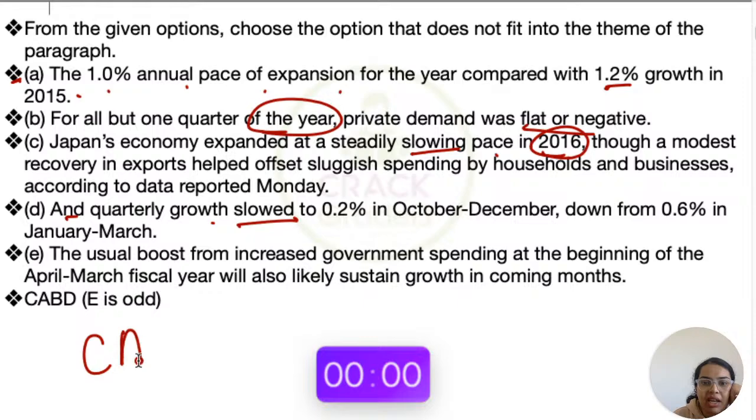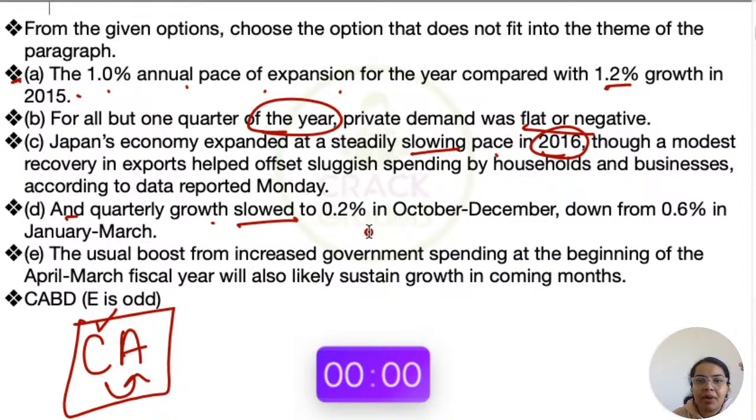So C and A is the extension, the second half of C, altogether talking about the slowdown. For all but 1/4 of the year, private demand was flat or negative. And because and के लिए कुछ पहले का जरूरी है बोलना. So B will come first and then D will come, where we are giving more details about the slowdown.